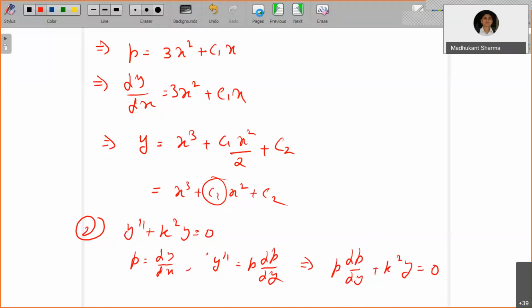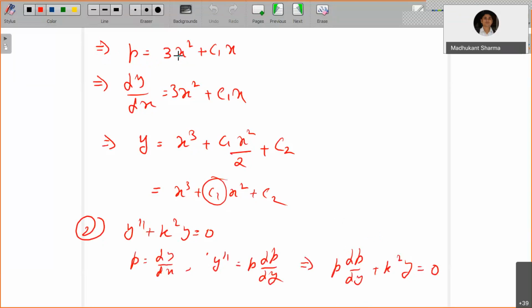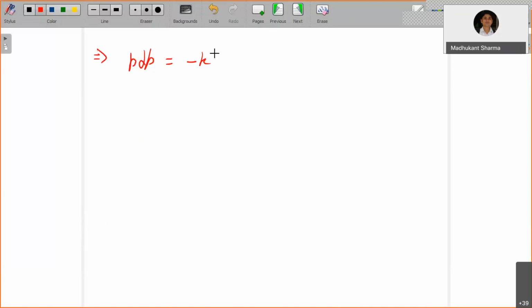So this implies p dp equals minus k square y dy. Now you can integrate both sides.